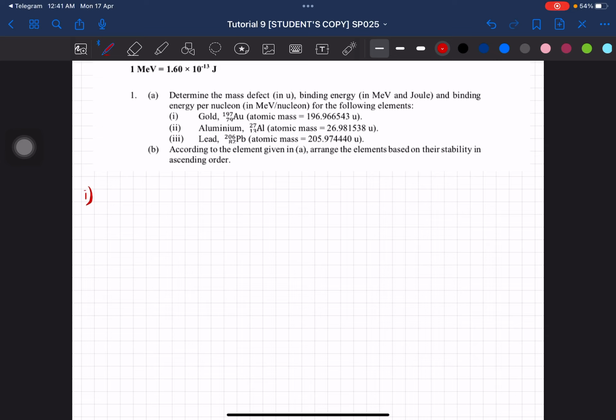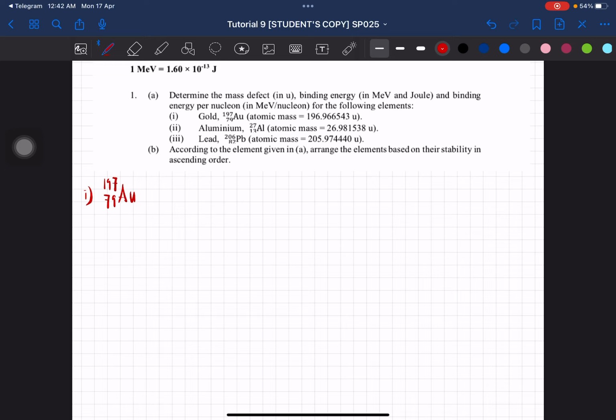Right, so we have gold, so that is aurum, and this is 197, this is 79. So first we are gonna do the mass defect. So for the mass defect, right, do they give us anything for the following elements?